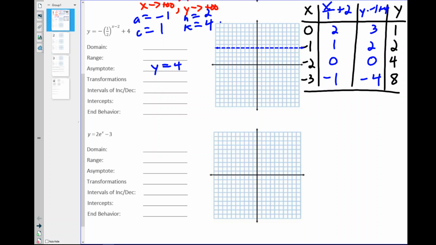Now we can plot the points. 2, 3. 1, 2. 0, 0. -1, -4. That's enough to get a nice definition on the little curve there. Bam. Abby, what's my domain?